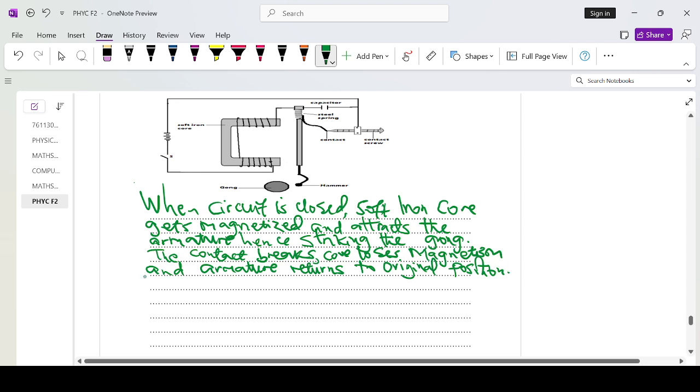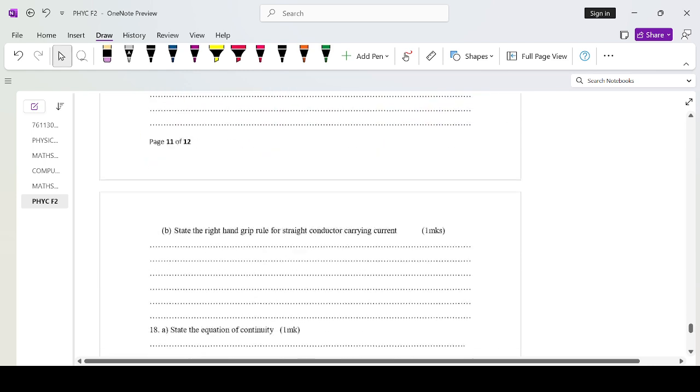The process repeats. Learners, so basically this is the process to be followed there.